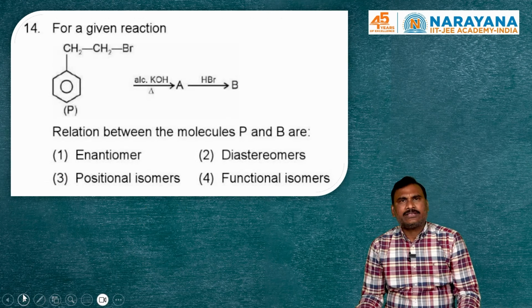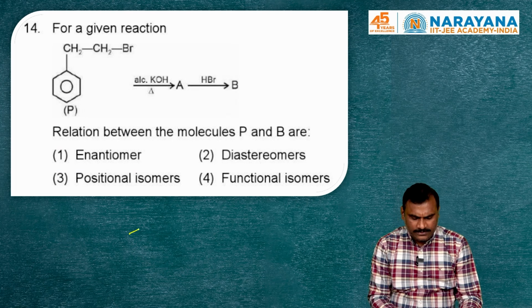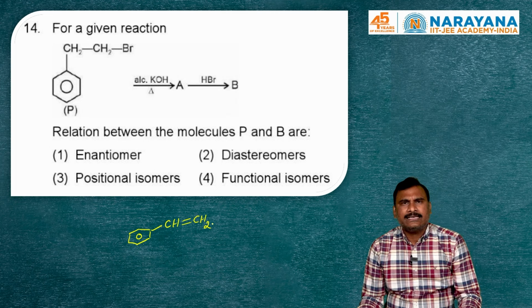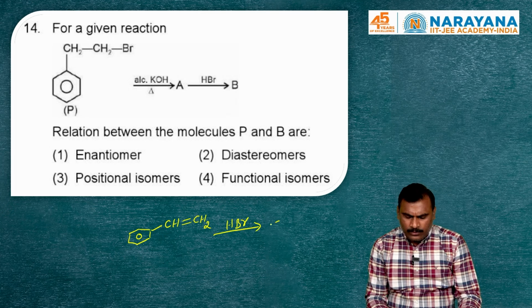For a given reaction, alcoholic KOH upon heating, what happens? It is the reagent to remove HBr. Alcoholic KOH causes dehydrobromination, followed by HBr addition according to Markovnikov rule.